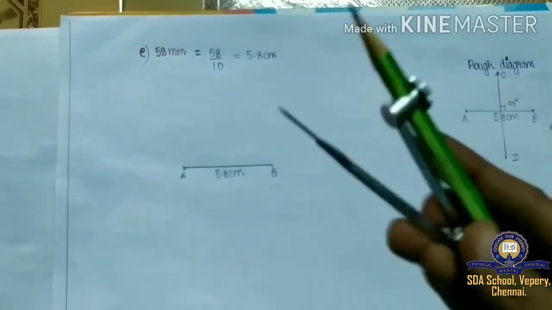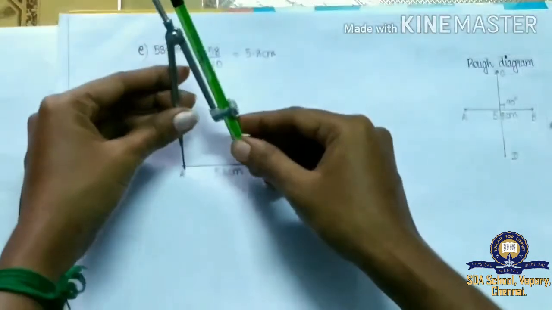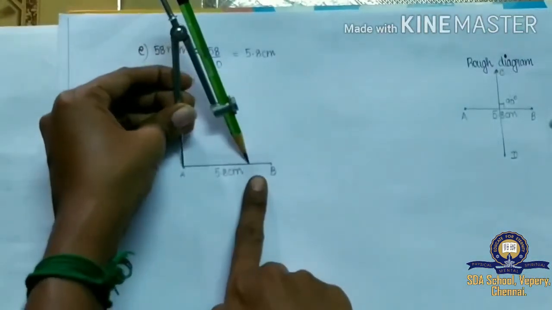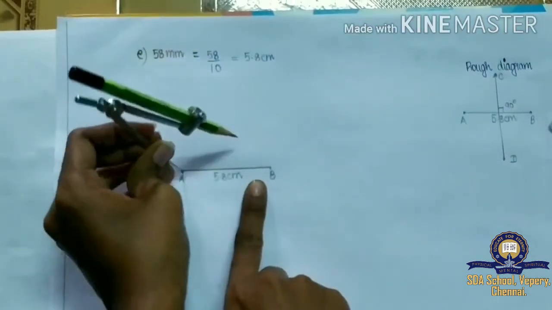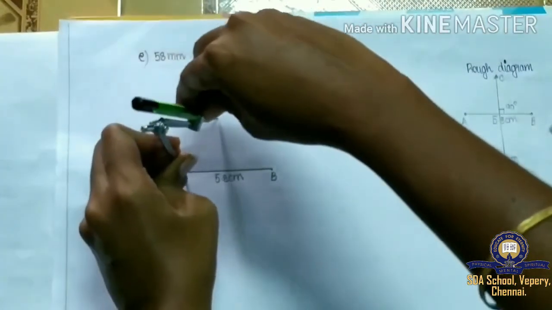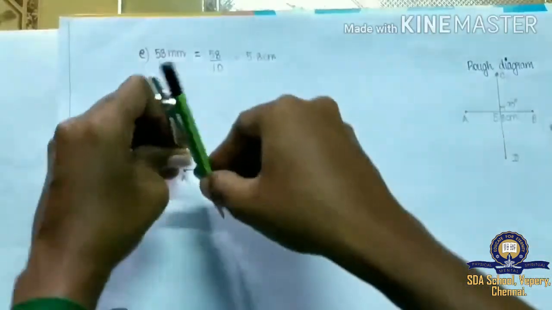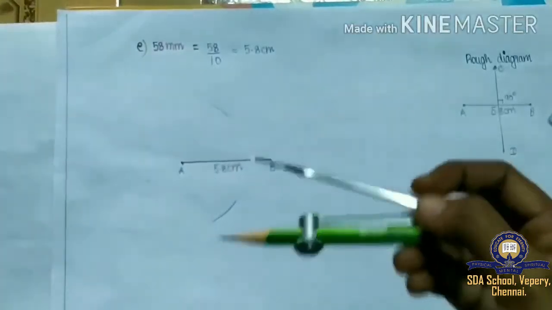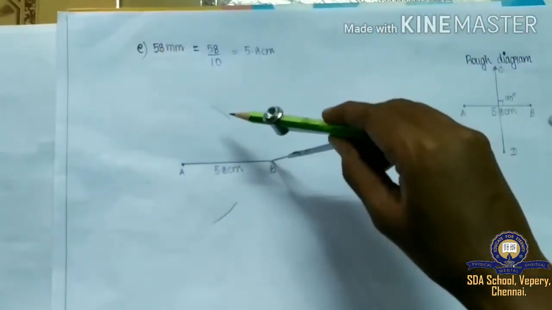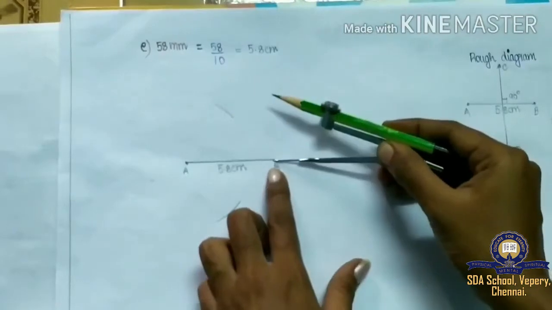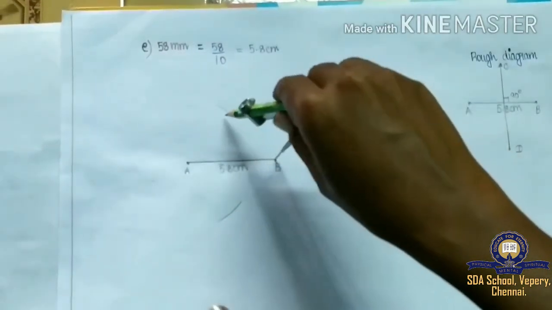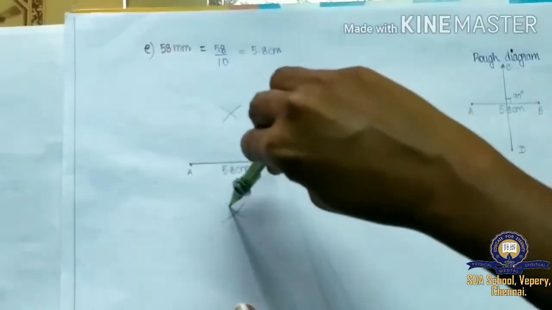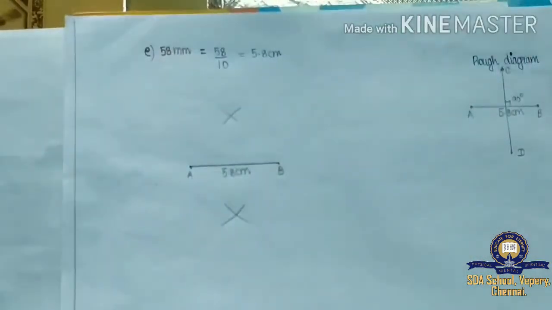Now using the compass with A as center and take a radius more than half of AB and draw two arcs, one above AB and one below AB. With same radius, take B as center and draw an arc, one above AB and one below AB.